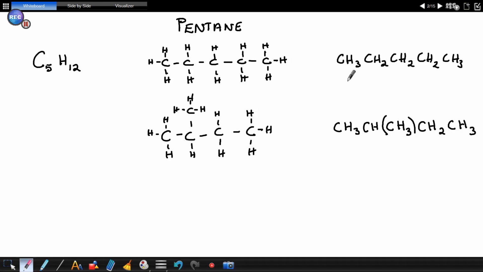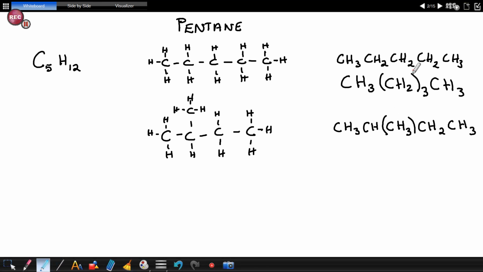Now you will understand why I didn't want to put this down first. When you suggested I put it down, I didn't, deliberately, because look at the difference between this condensed formula and this condensed formula. What is the difference?